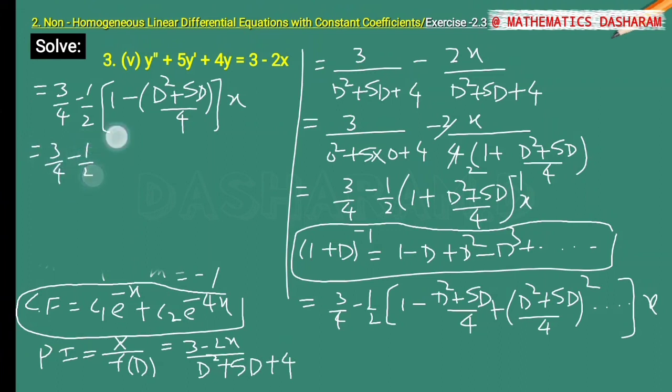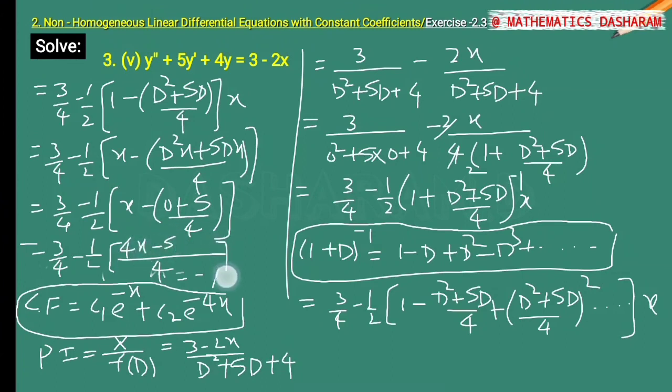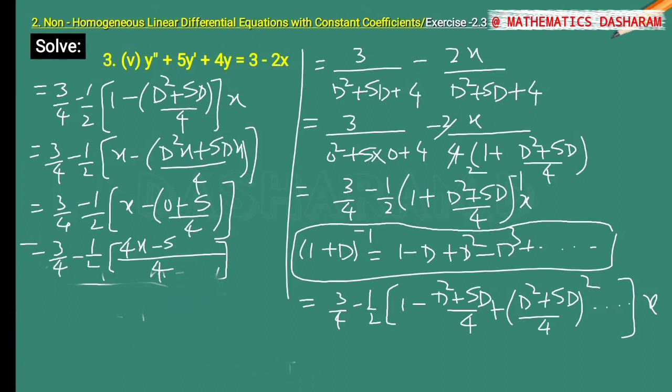So 3 by 4 minus 1 by 2 multiply x inside: D square x plus 5Dx by 4. So 3 by 4 minus 1 by 2 bracket of x minus, its value 0 and its value 5 by 4. So 3 by 4 minus 1 by 2, here LCM is 4, then (4x minus 5). It is equal to 3 by 4 minus 1 by 8 bracket of (4x minus 5), which is the particular integral.